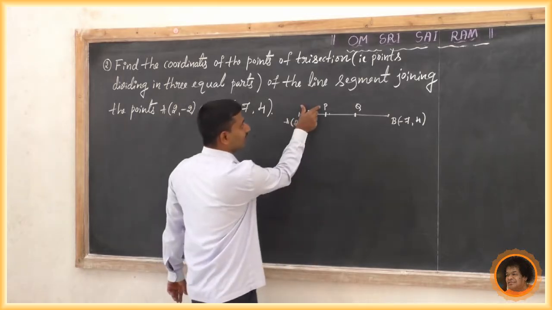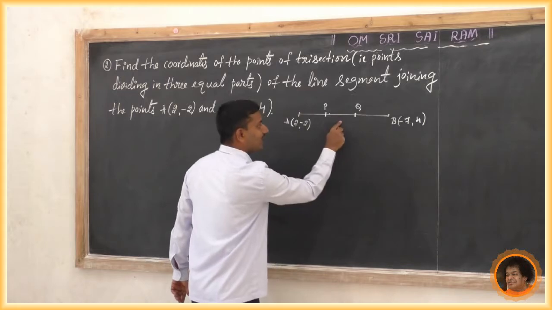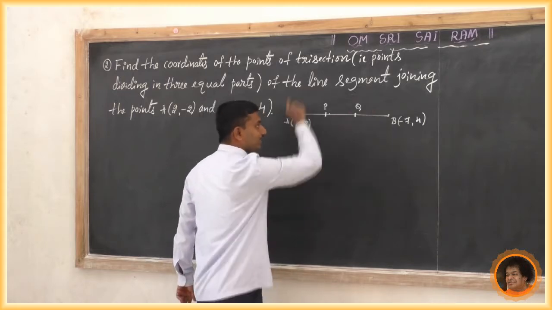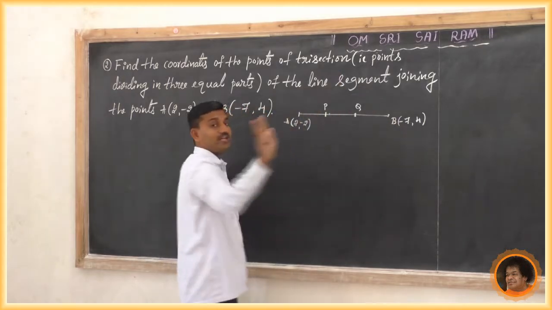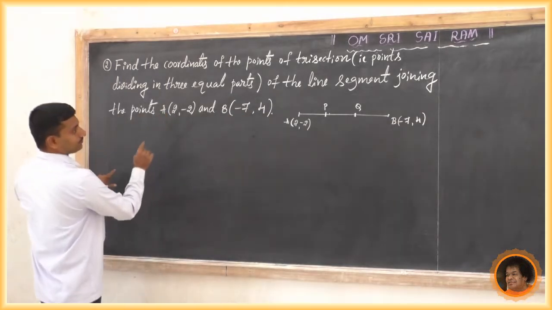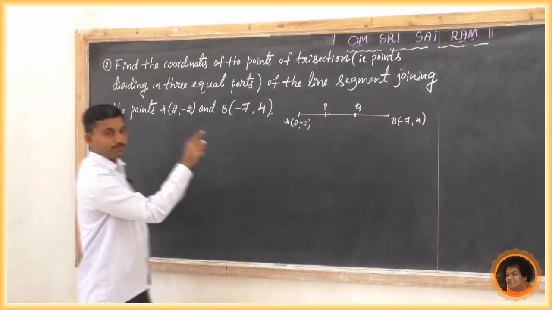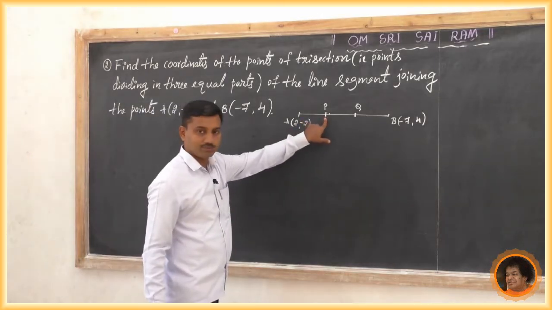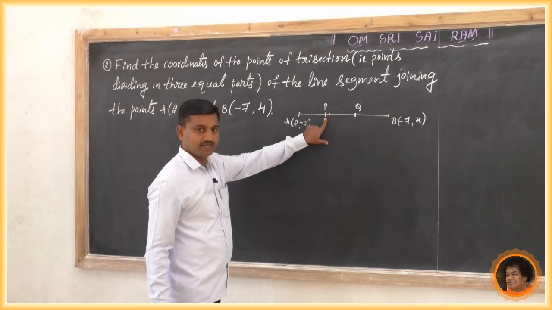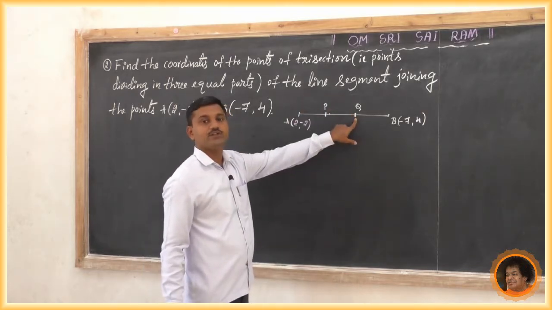Here 1 unit, here 2 units, so P divides AB in the ratio 1:2 internally. So first find the coordinates of the point P, correct? And then find the coordinates of the point Q.